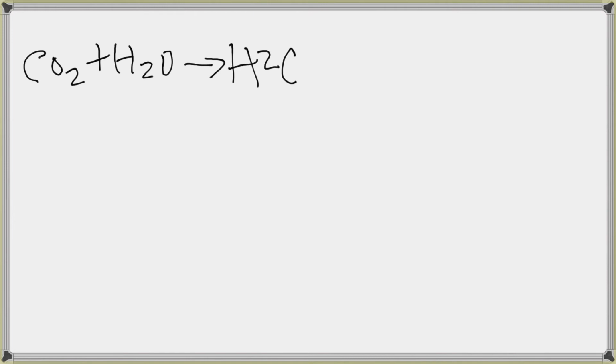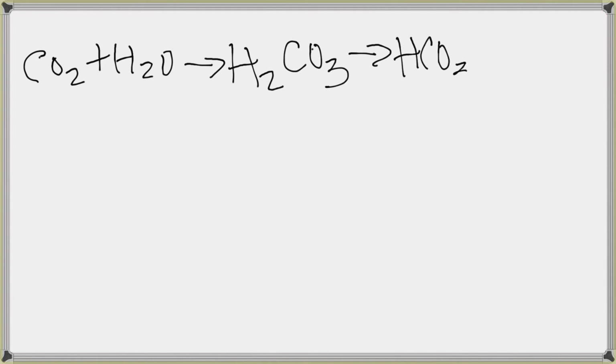Oops, sorry, I wrote my 2 in the wrong place. And carbonic acid will dissociate to the bicarbonate ion, which is HCO3 minus, and a hydrogen ion.